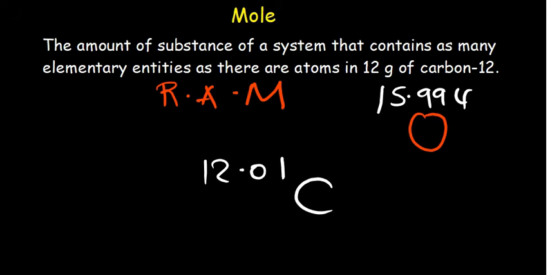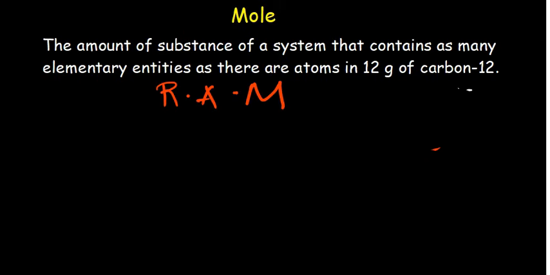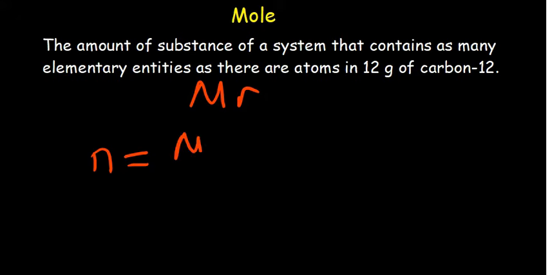So those are the relative atomic masses of oxygen and carbon respectively. The relative atomic mass is going to be referred to as the molar mass. Each time we are determining the number of moles, it is given as the mass divided by the molar mass.